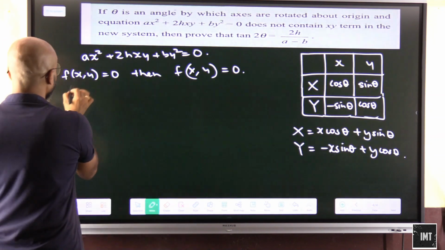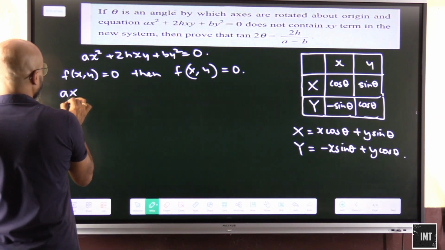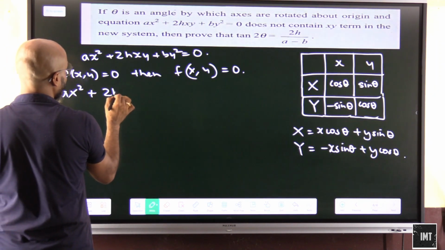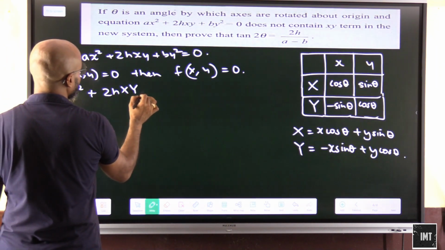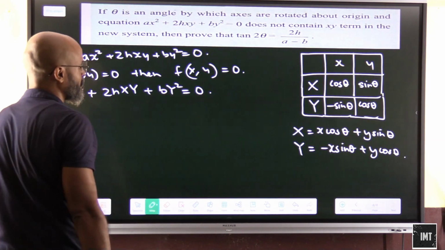So here we have ax square plus 2hxy plus by square is equal to 0.